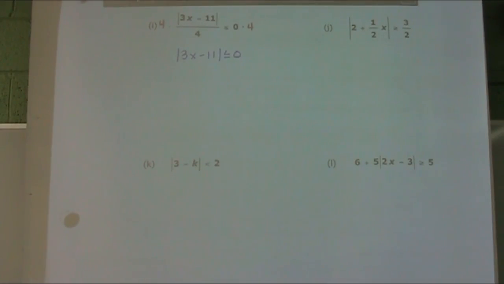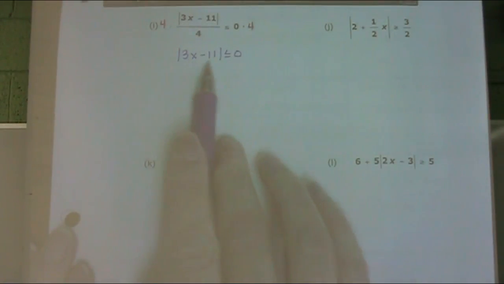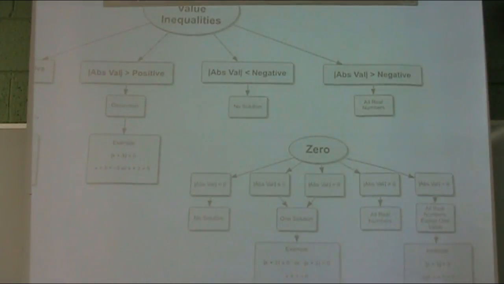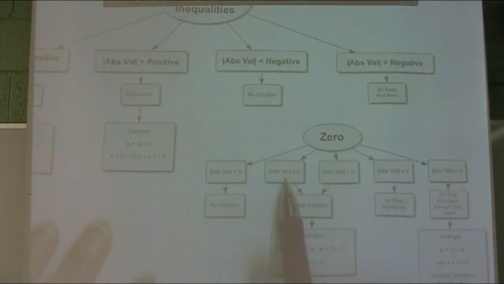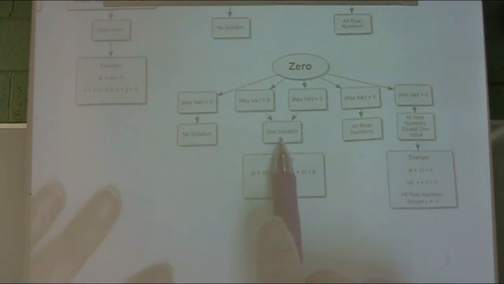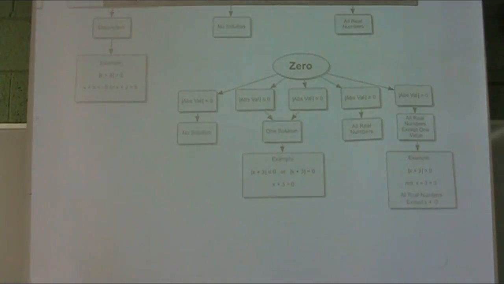So there's only one solution to this inequality, and that's whatever makes this equal to 0. And if you look at our chart right here, absolute value less than or equal to 0 is going to have one solution. That solution is wherever what's in the absolute values is equal to 0.